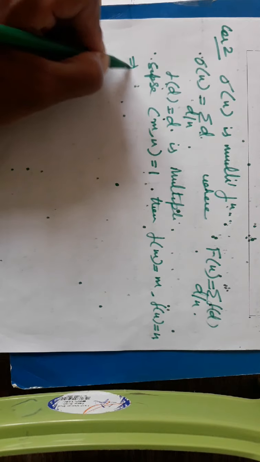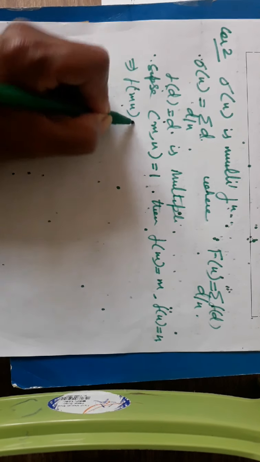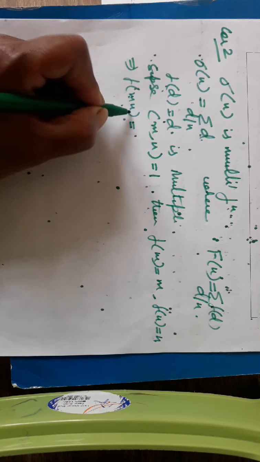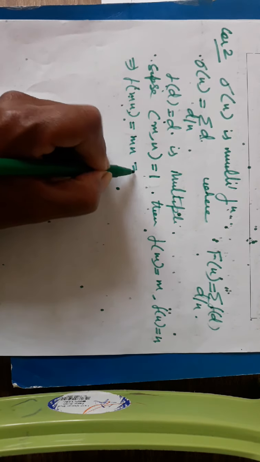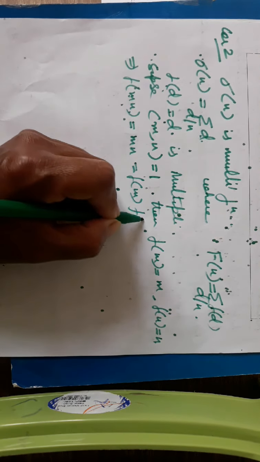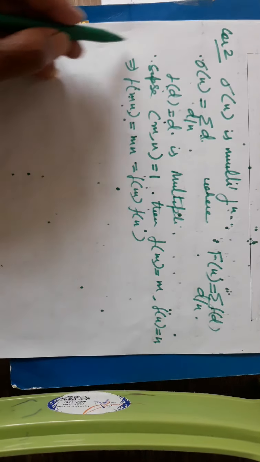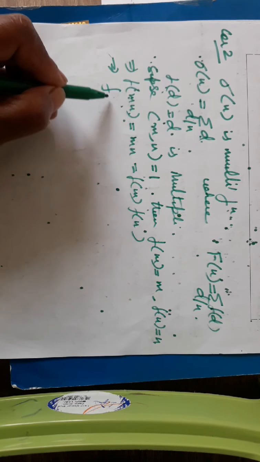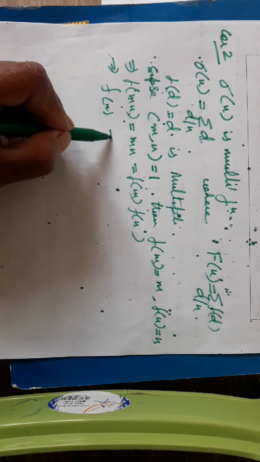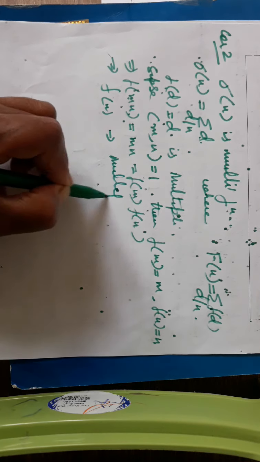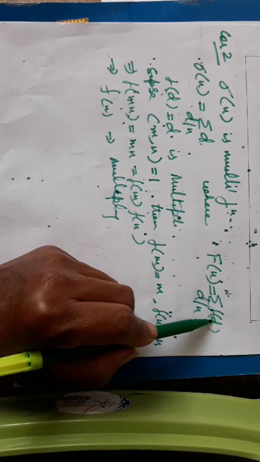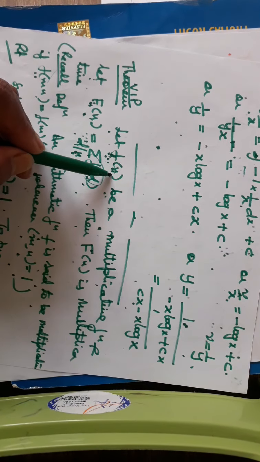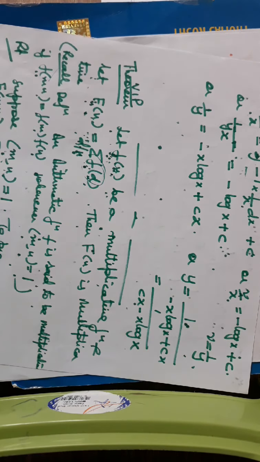So this implies that f of mn will be equal to mn only, which is equal to f of m into f of n. So this implies that f of n is multiplicative. Now in the given theorem, what does it say? If f of n is multiplicative, then capital F of n is multiplicative.